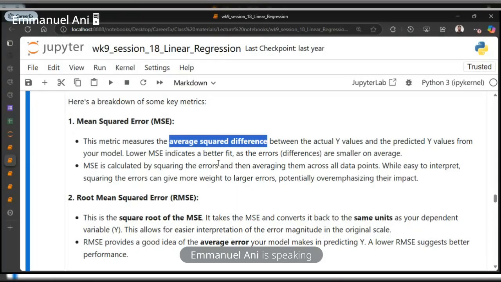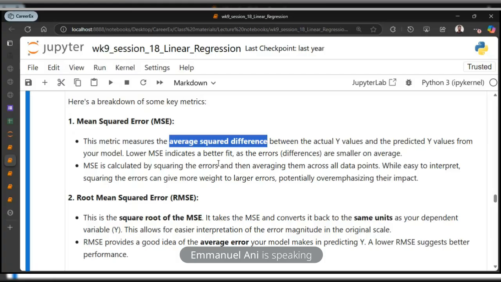You calculate the error for each data point. If you have 200 observations, you calculate each individual error, square each of them, and then get the mean of the squared errors. That's going to be your mean squared error.